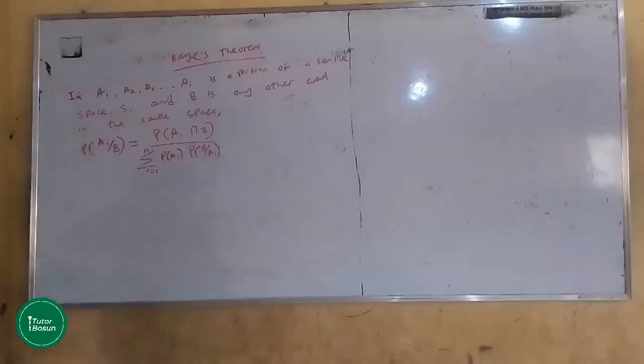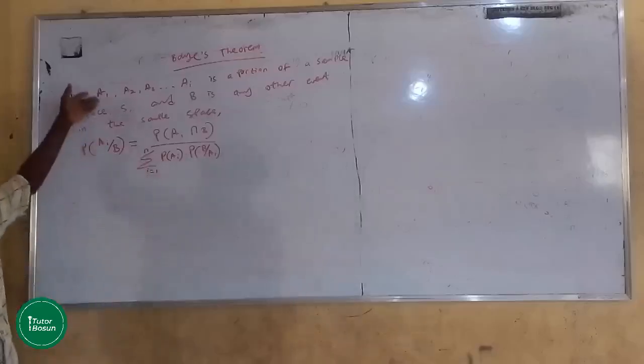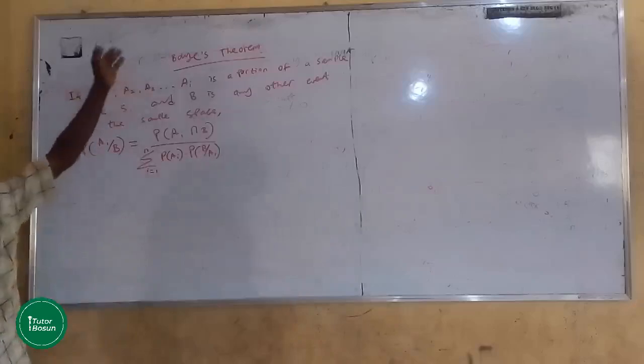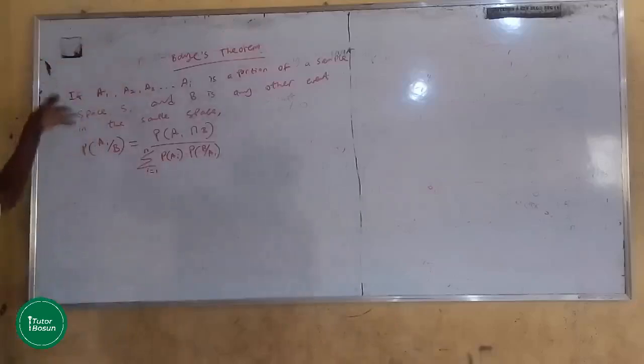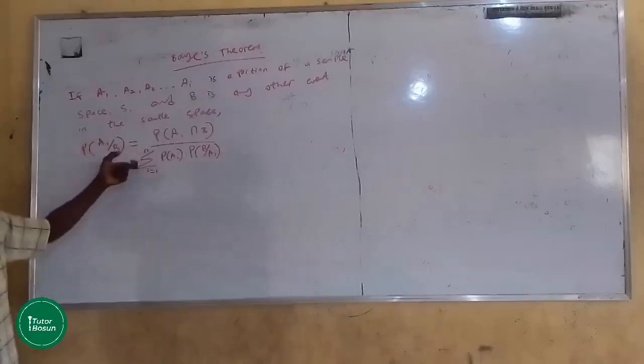So this notation is just to group everything together, instead of writing for A1, A2, A3 up to whatever point.